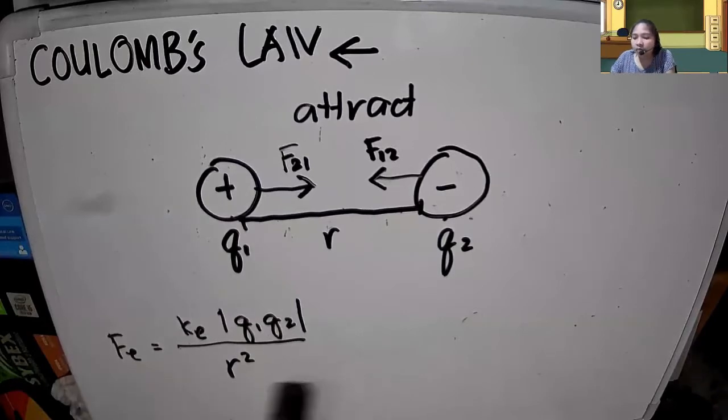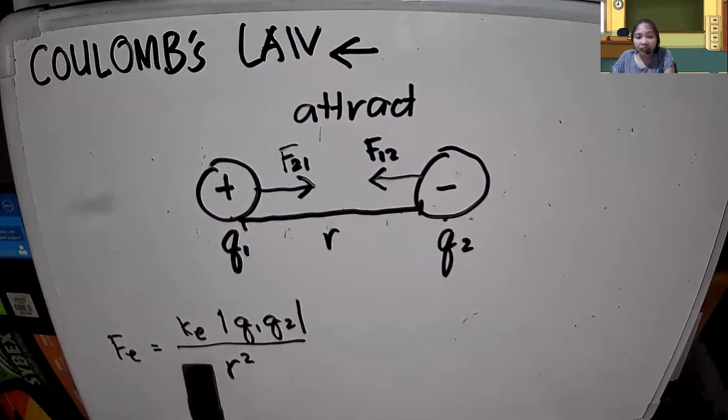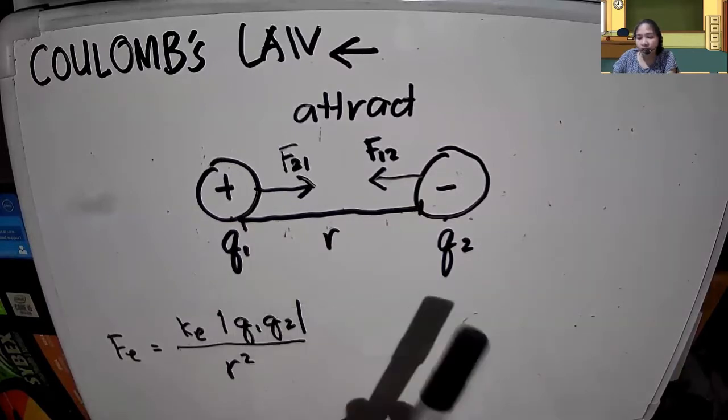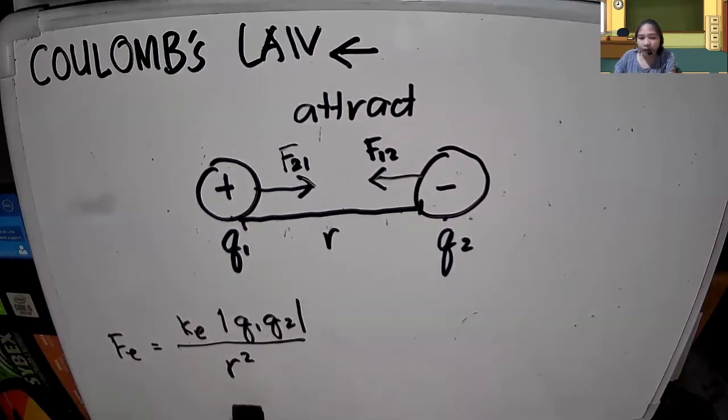So this is Coulomb's law. Fe, the electrostatic force, is equal to the proportionality constant, the electrostatic constant, times the magnitude of the product of the two charges, Q1 and Q2, over R squared.